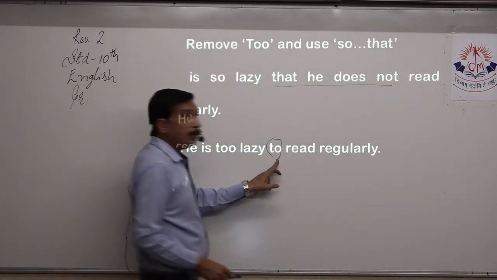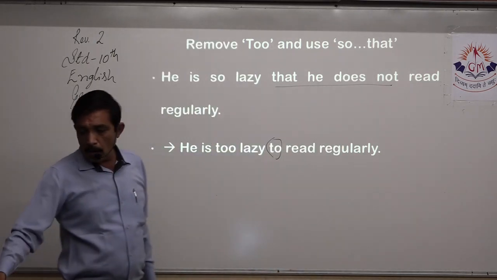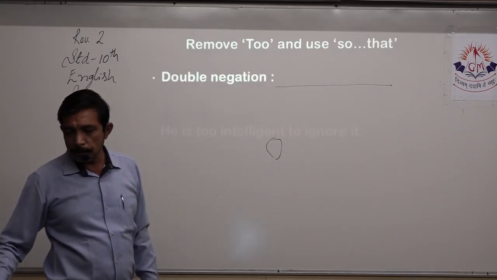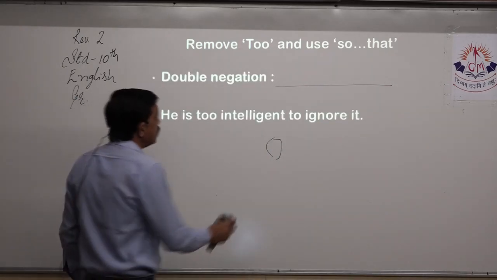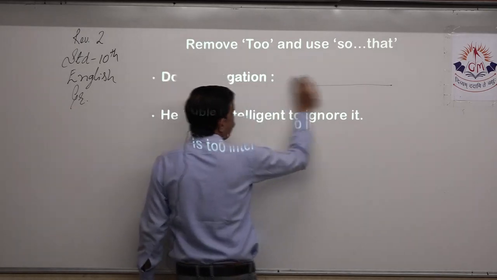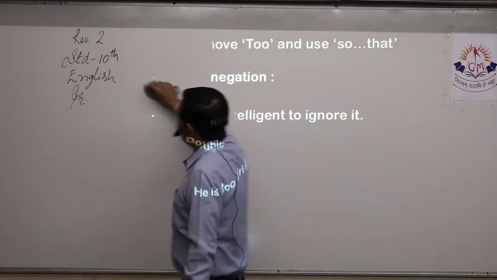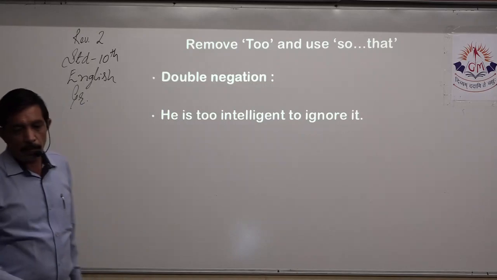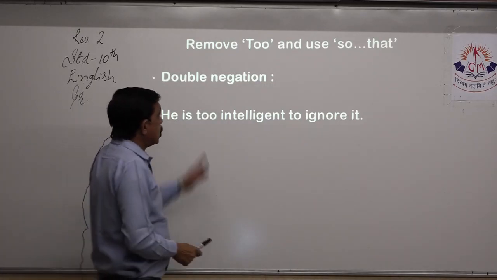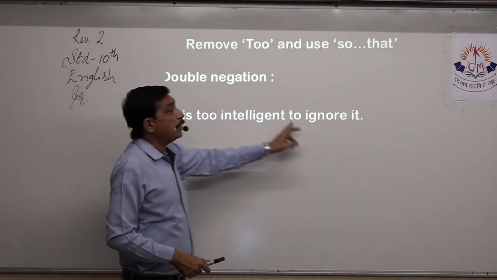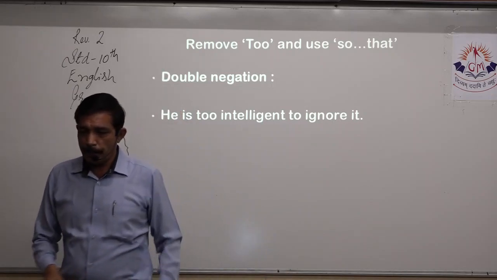Instead of that negation, we replaced to. Now, what will happen for this? He is too intelligent to ignore it. That means he is so intelligent that he will not ignore it.